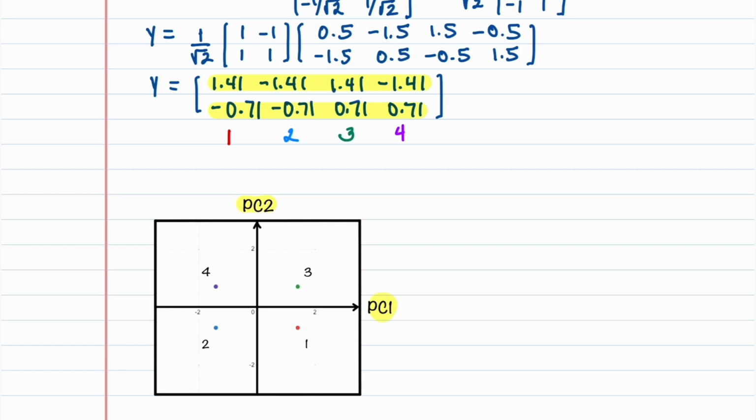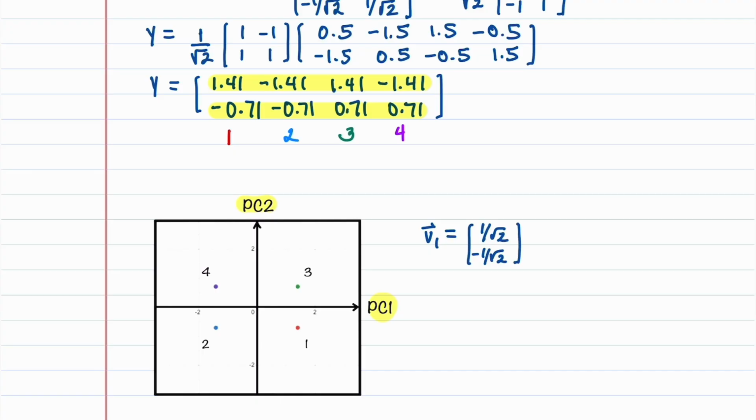Now let's understand better what these values translate to in our example with temperature and humidity. Remember that V1 was equal to 1 over root 2, minus 1 over root 2. The components in the vector are the same value, but one is positive and one is negative.